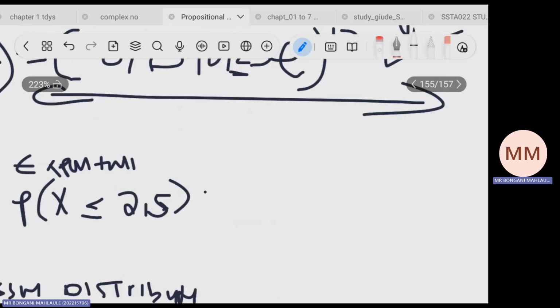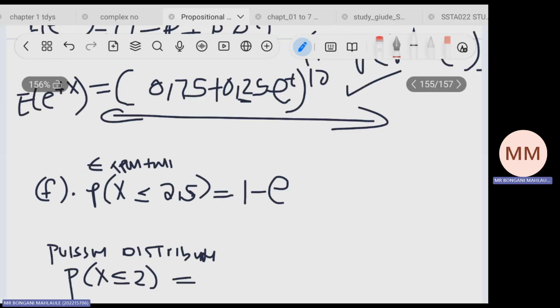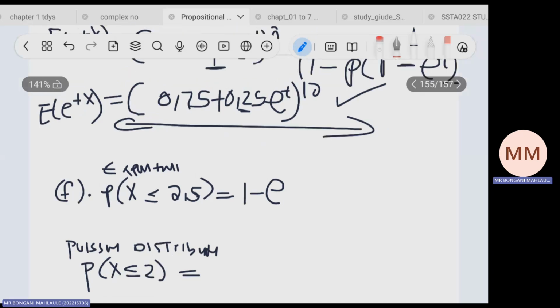So the formula for this one will be 1 minus e to the exponent. We've already derived something like this.